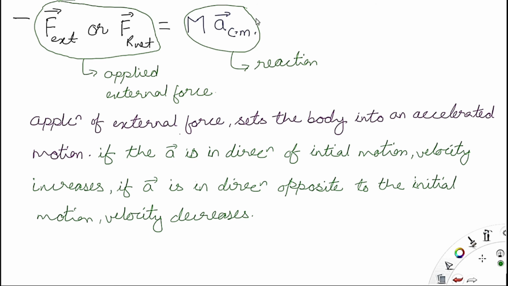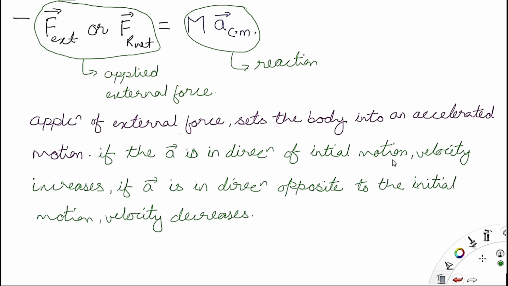As long as this force is acting, the body will keep accelerating as much as the external force applied. So application of external force sets the body into accelerated motion. If A is in the direction of the initial motion, then velocity will increase.